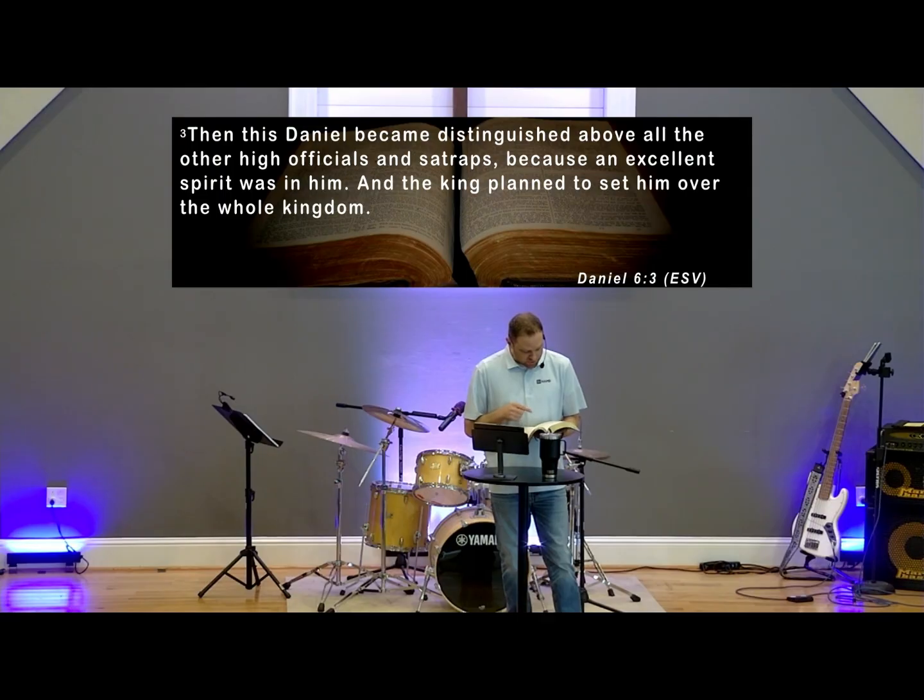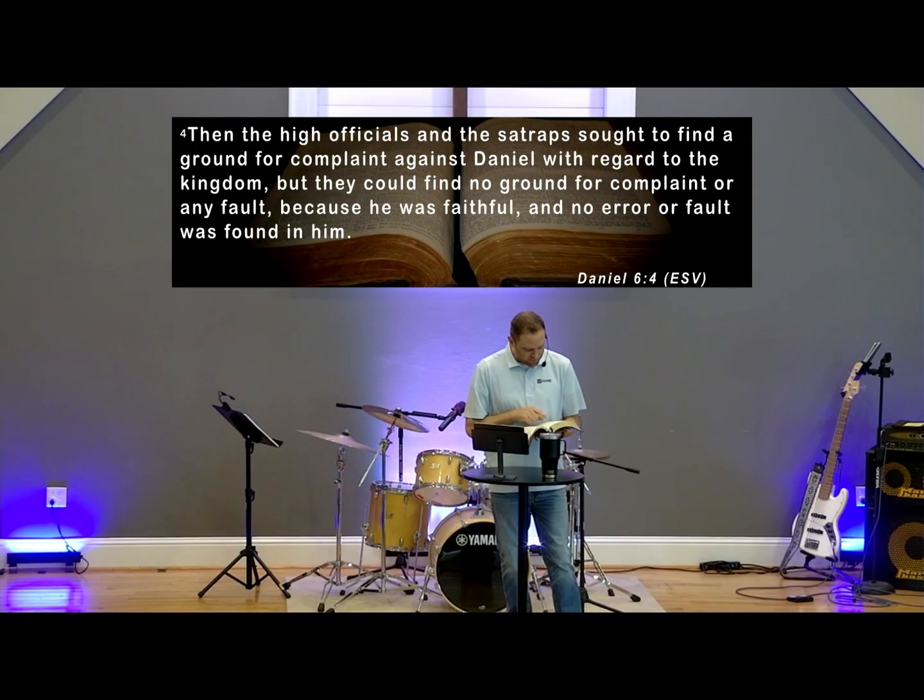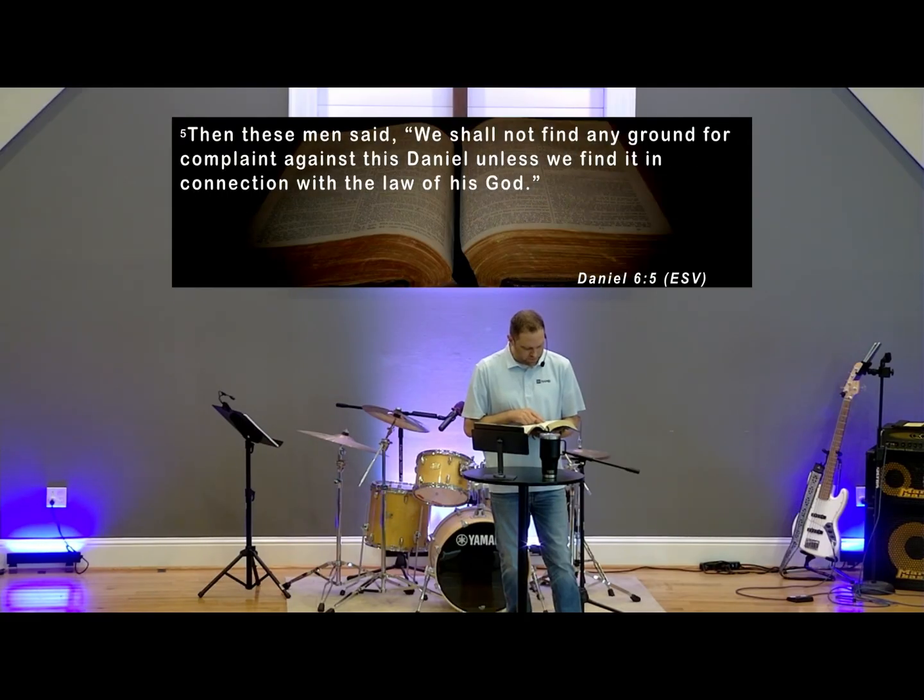And the king planned to set him above the whole kingdom. Then the high officials and satraps sought to find a ground for complaint against Daniel with regard to the kingdom, but they could find no ground for complaint or any fault, because he was faithful, and no error or fault was found in him. Then these men said, 'We shall not find any ground for complaint against this Daniel unless we find it in connection with the law of his God.'"